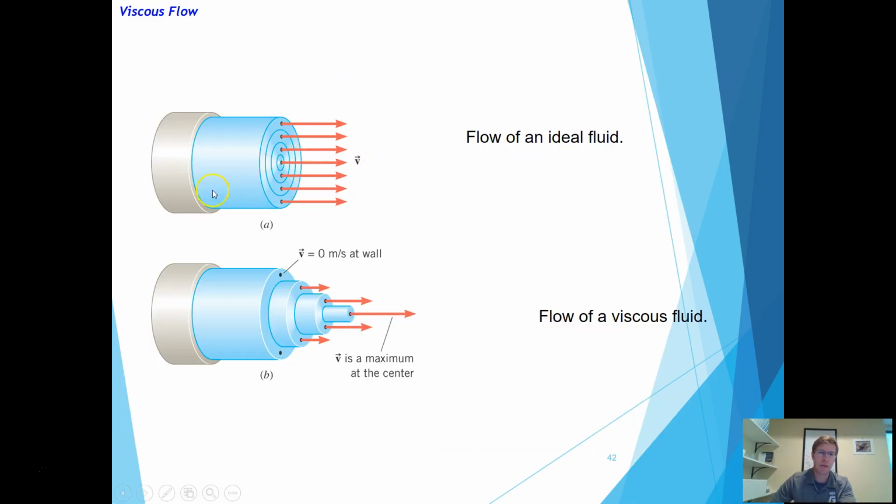So just so you understand, here's what water flowing through a pipe would look like if you're assuming ideal flow, and here's what a fluid moving through a pipe would look like if you're assuming viscous flow, because viscous flow means friction, and so at the outer edge, friction is slowing down your fluid, and it's only in the middle that it's moving at a high speed, whereas if you assume ideal flow, you can assume it's moving at the same speed at all points.